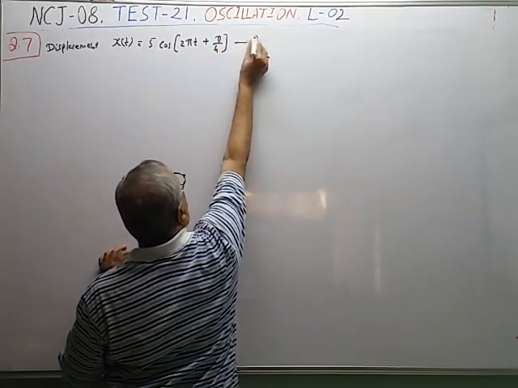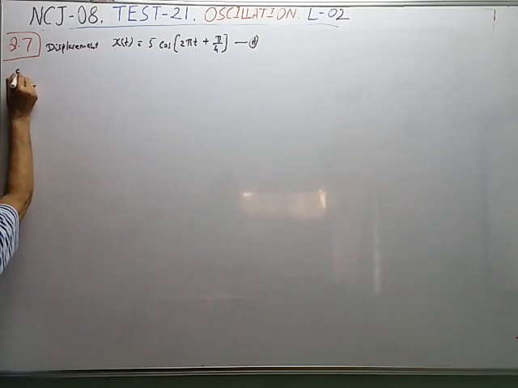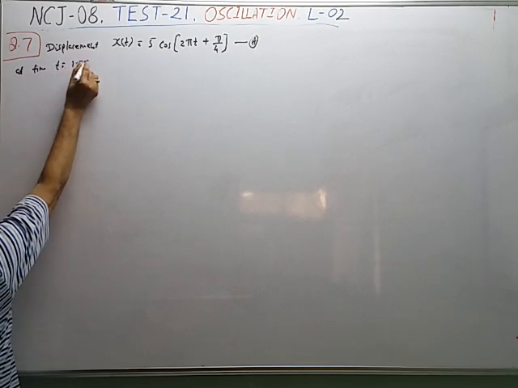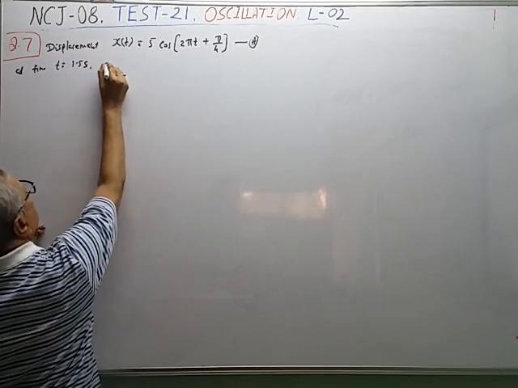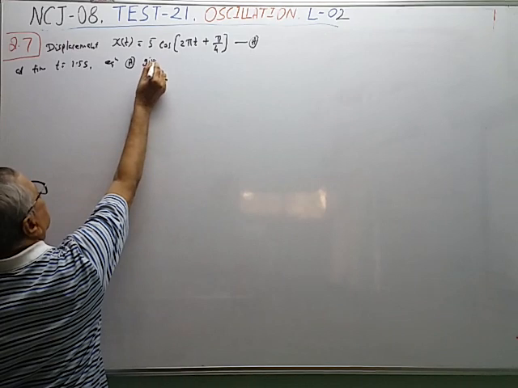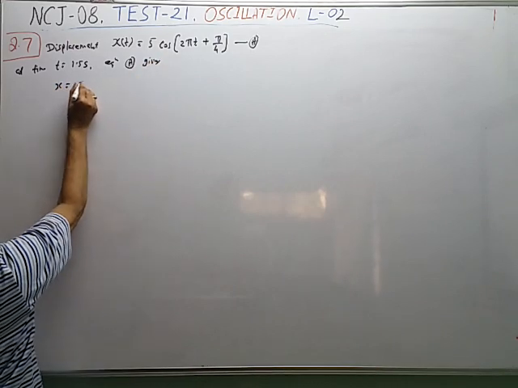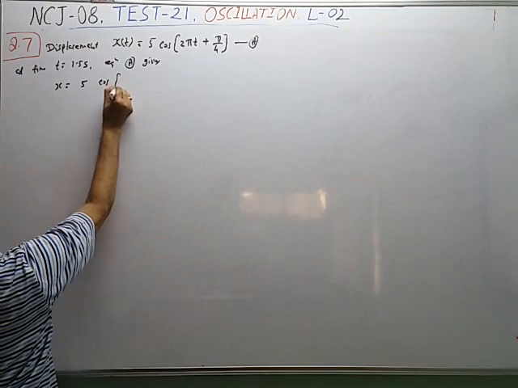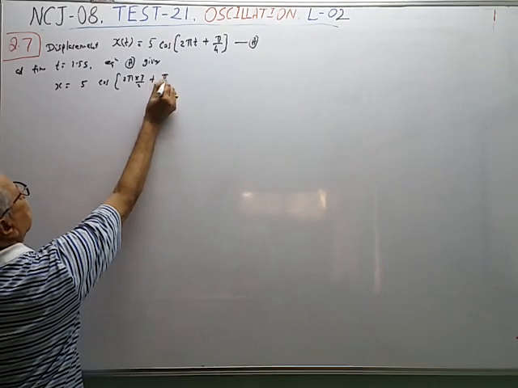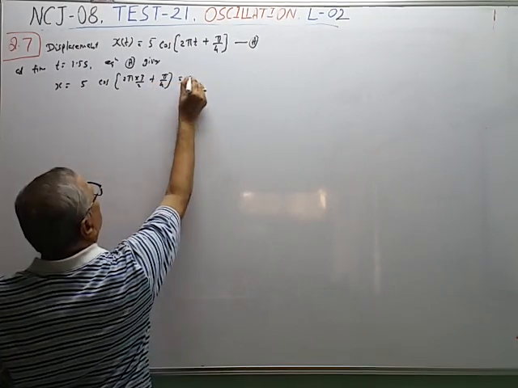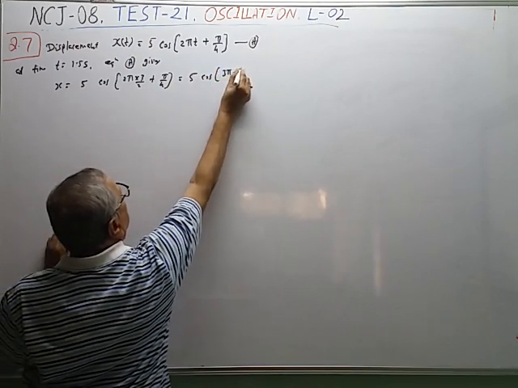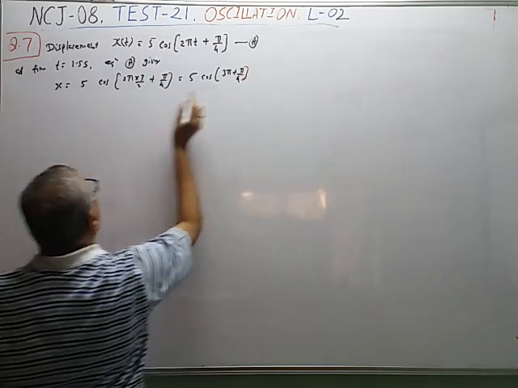So this is the equation A. At time t is equal to 1.5 second, equation A gives x is equal to 5 cos(2 pi multiplied by 3 by 2 plus pi by 4), is equal to 5 cos(3 pi plus pi by 4).